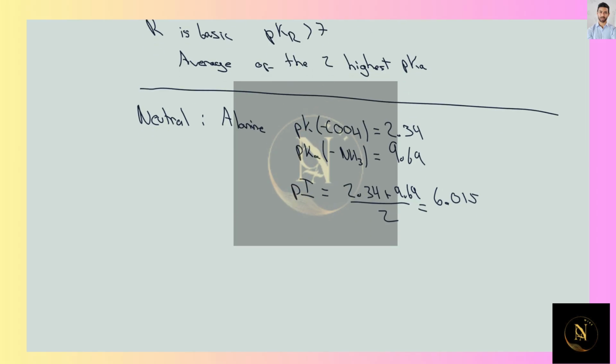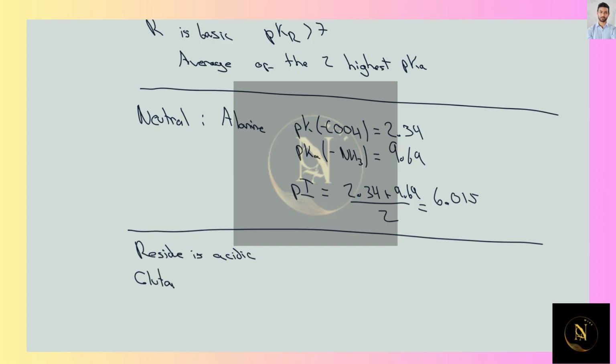Now, let's go for the case where the residue is acidic. And I'm going to take the example of glutamic acid, which has the following pKa's. In the carboxylic acid part, we have a pK of 2.19, pK1. Next, on the amino part we have a pK equal to 9.67.